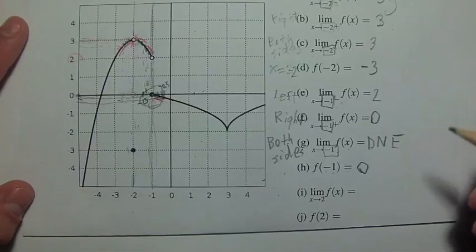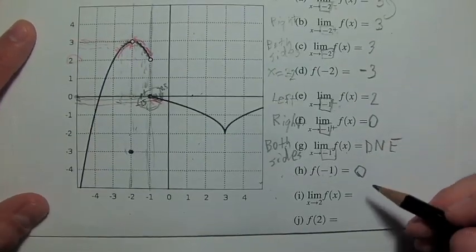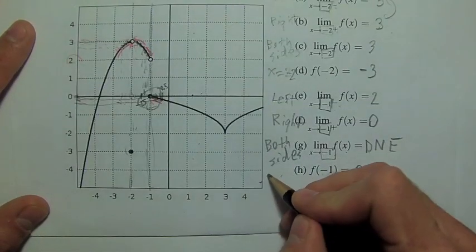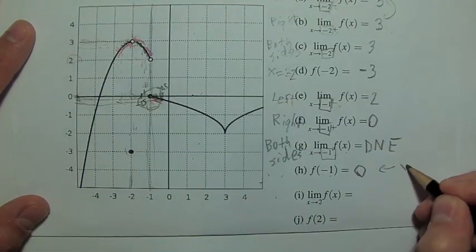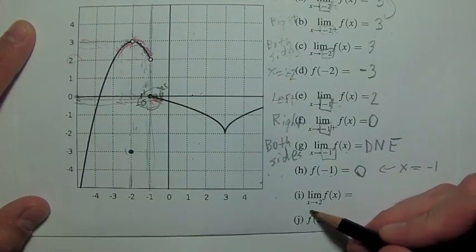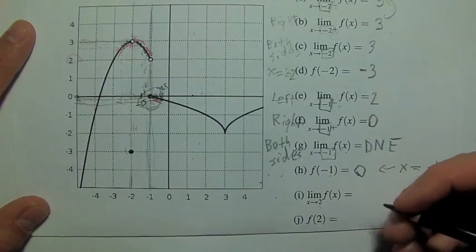And our final two questions here, final two ideas. Let's take a look at the limit. And let me write here, for this one, this is when x actually equals negative 1. Here, I want the limit as x goes to 2 of f of x.